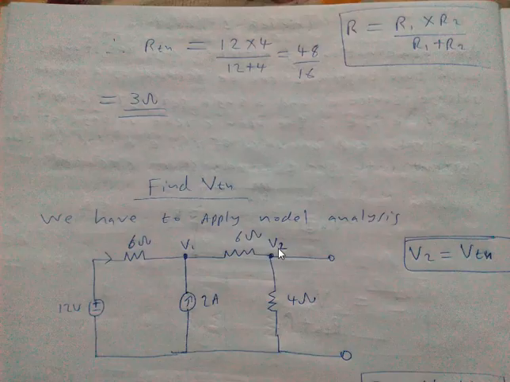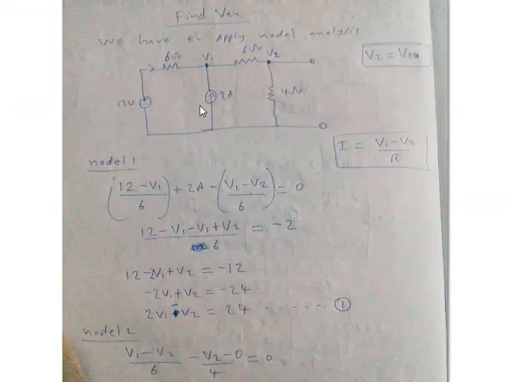This is V2, the overall voltage which is going to come over here. If we measure the overall voltage, we would get VTH, which is the same as V2. So V2 is equal to VTH. Now we have to find this V2 and V1 by applying nodal analysis.